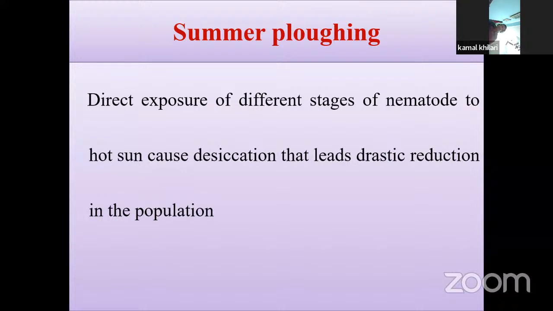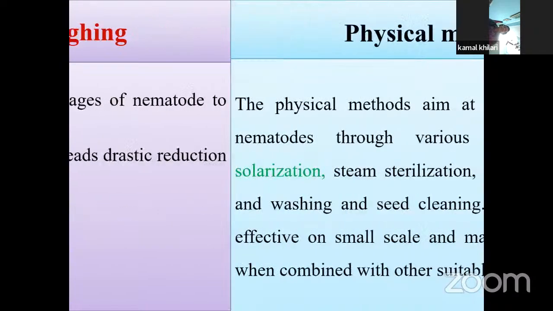In May, June, if we follow continuous, dry summer plowing, naturally the different stages, egg, larva, adult, will be exposed to the sunshine, and these nematode stages are very delicate and they cannot bear the heavy temperature, so they will die. So summer plowing is very important for reducing the population of the nematode in the soil.